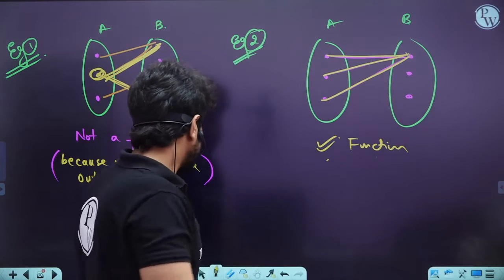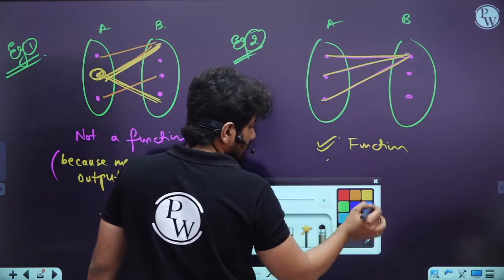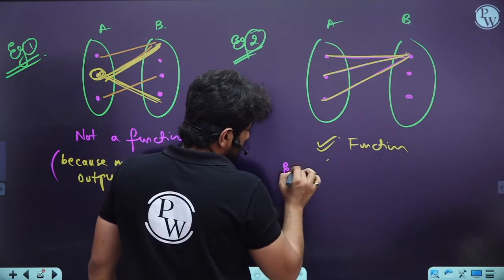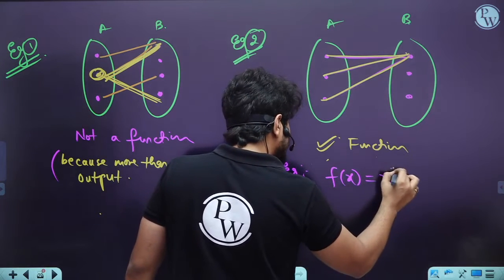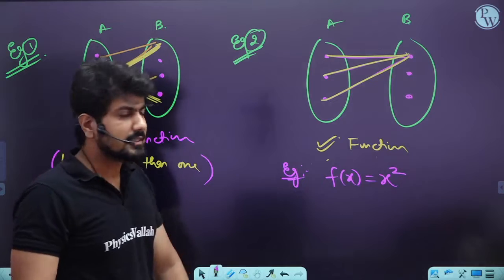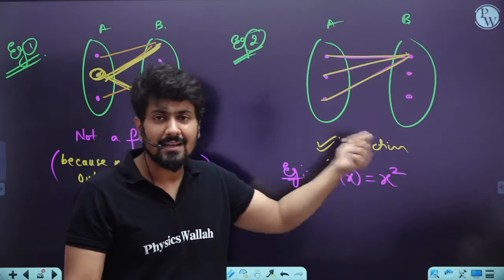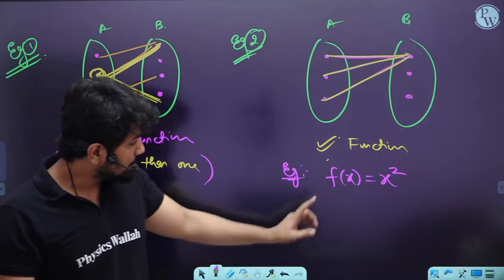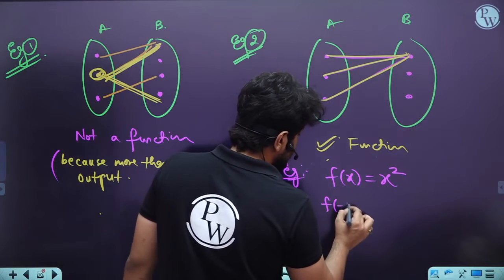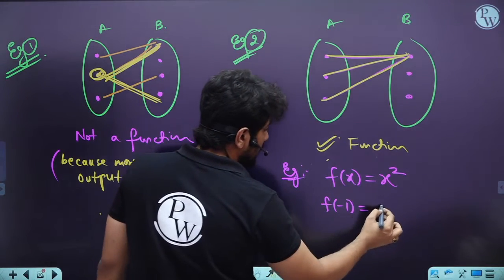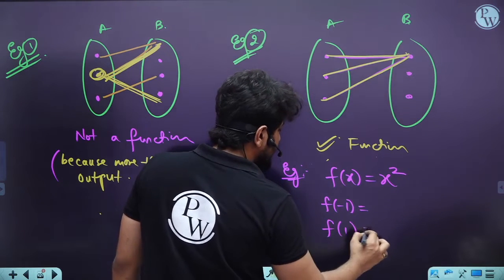For example, f(x) is equal to x square. This is a function. Here at 2 different inputs, I can show you the same output. If you put x as -1, what will be the value of f(-1)? What will be the value of f(1)? Are we getting the same value?